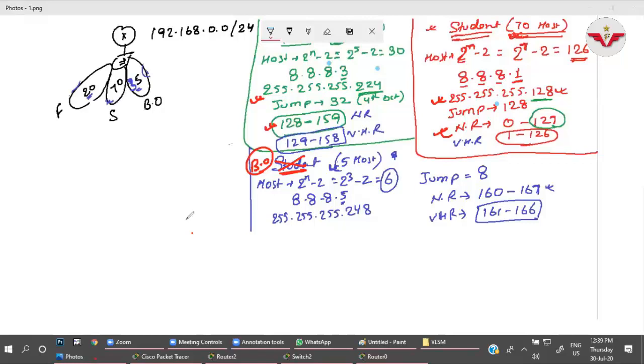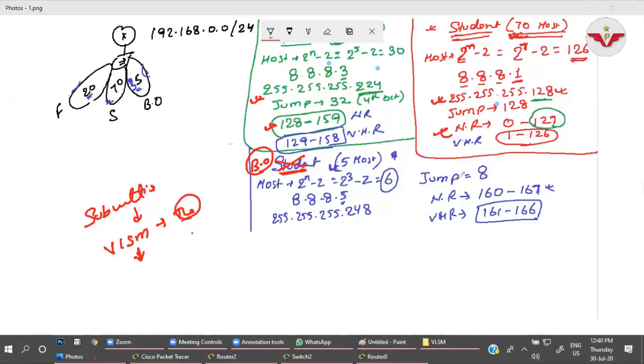Whatever we have done yesterday on paper, the same configuration we are going to do here in the real environment. What is the use of subnetting? You learn subnetting, right? What is the use of subnetting? To do the VLSM. What is the use of VLSM? VLSM is the theory part to plan a network, and after planning you will implement it in the real environment, where you will configure the router and switch.